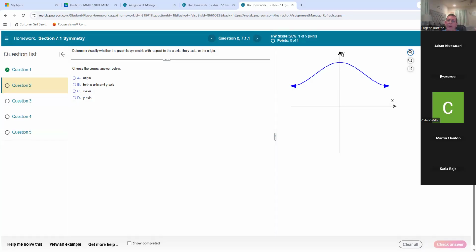Y'all look at that y-axis on this. Y'all got definitely the y-axis, perfect. Because the y-axis is actually cutting it in half, and if you folded it over, that right side will land exactly on that left side.